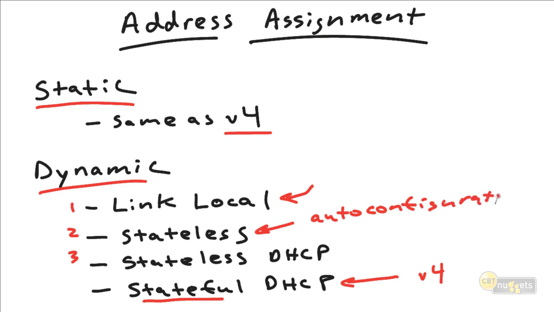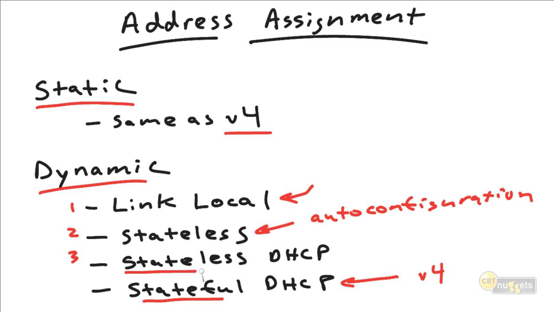Pretty cool. But the issue with auto configuration is, sure, the local device can get its own IP address. That's great. But what about its DNS servers? What about its default gateway? What about its domain name? What about all of the goodies that would go along with an IP address?